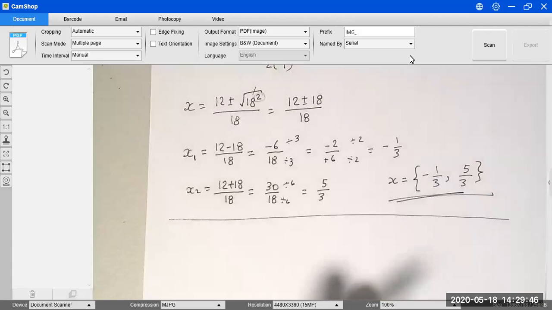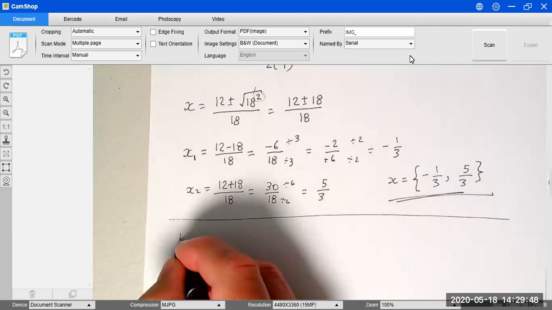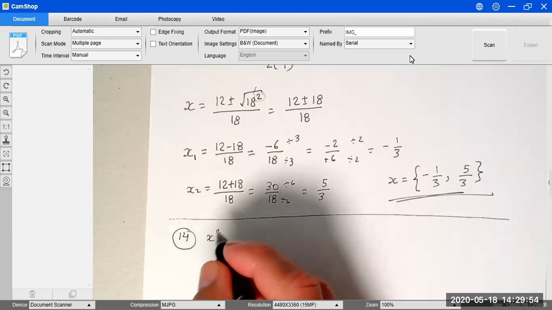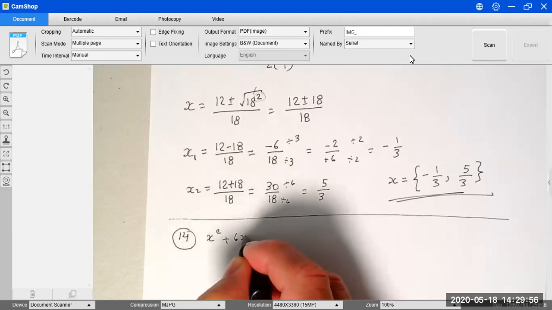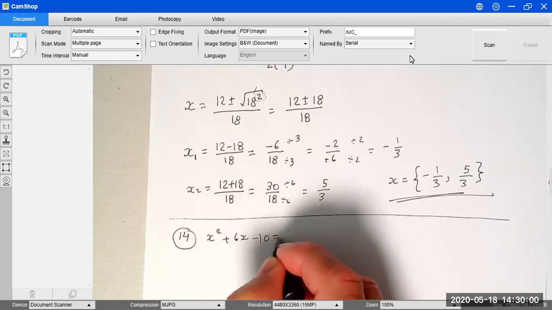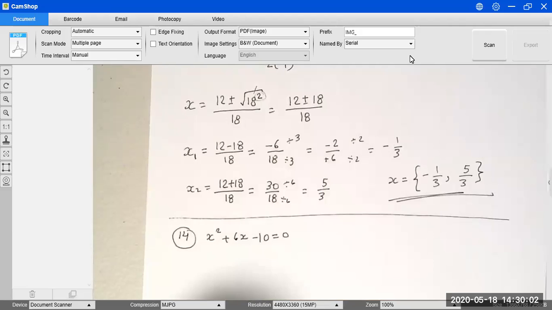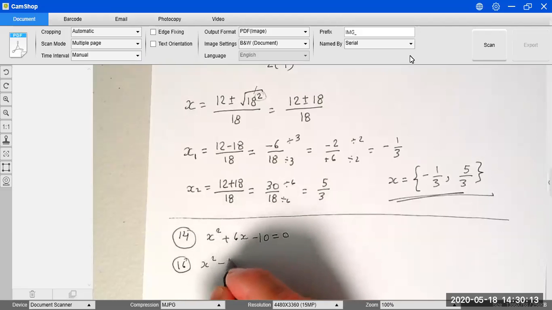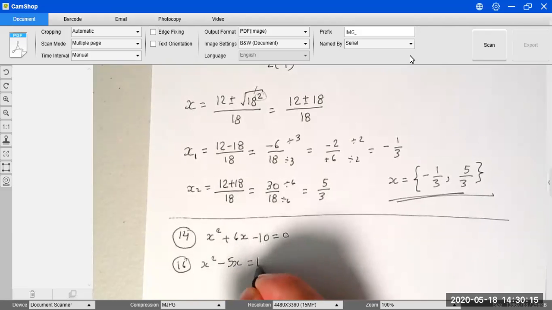So now you're gonna solve problem 14. 14 is x squared plus 6x minus 10 equal to 0. So 16 is gonna be x squared minus 5x equals 10.